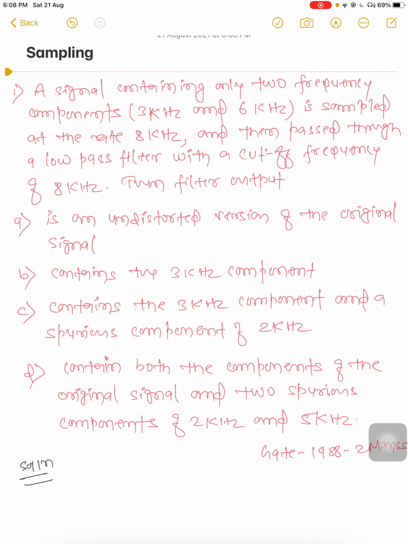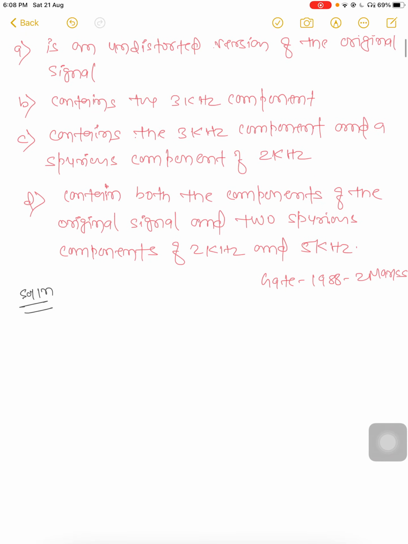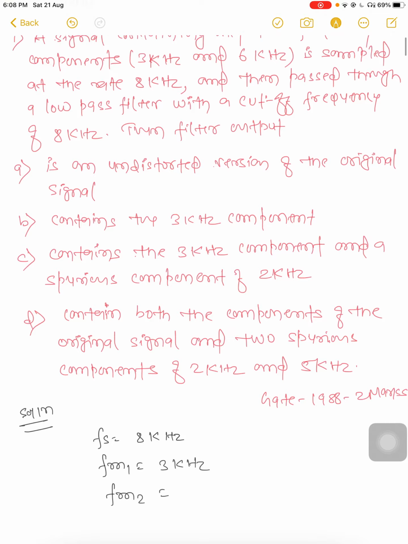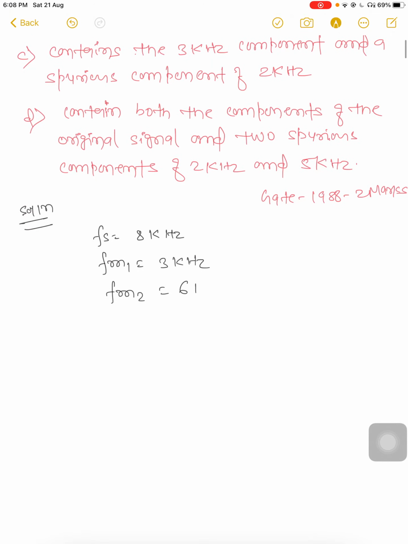We know that the component 3 kHz and 6 kHz is sampled at 8 kilohertz. So here fs is nothing but 8 kilohertz, fm1 is 3 kilohertz and fm2 is 6 kilohertz.